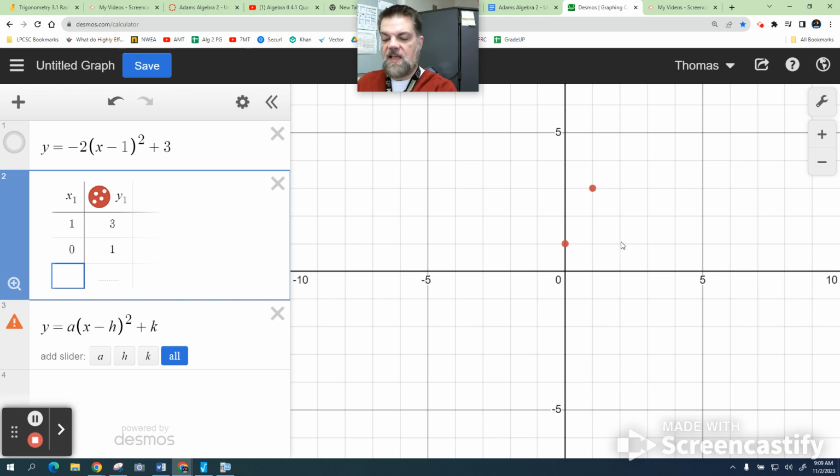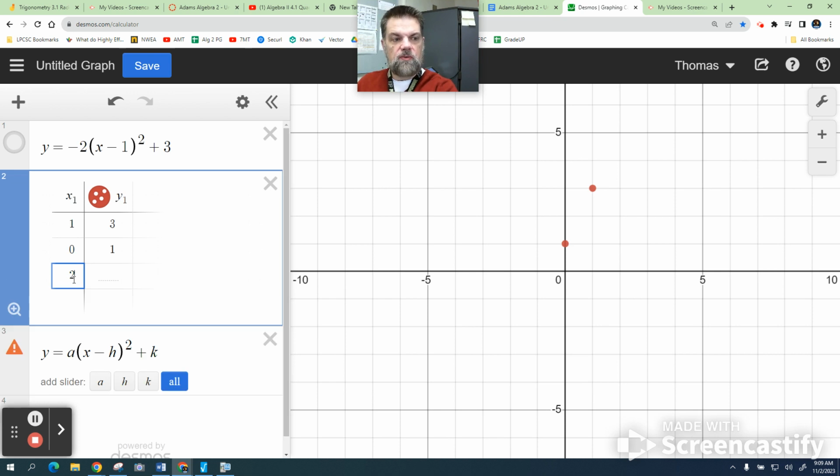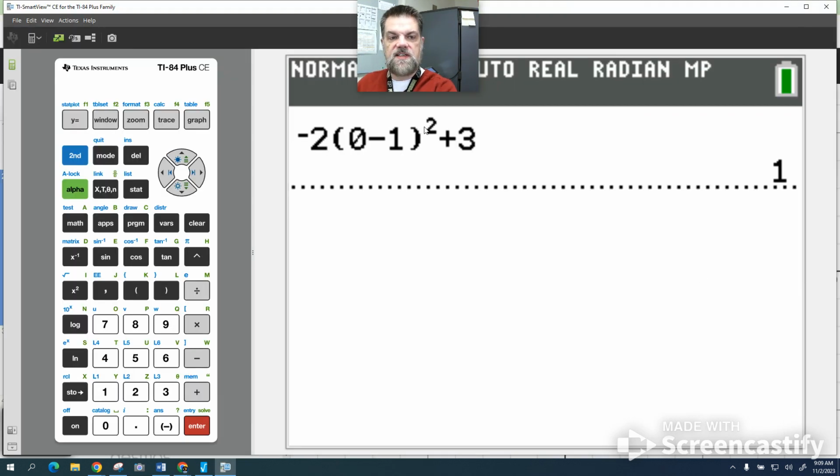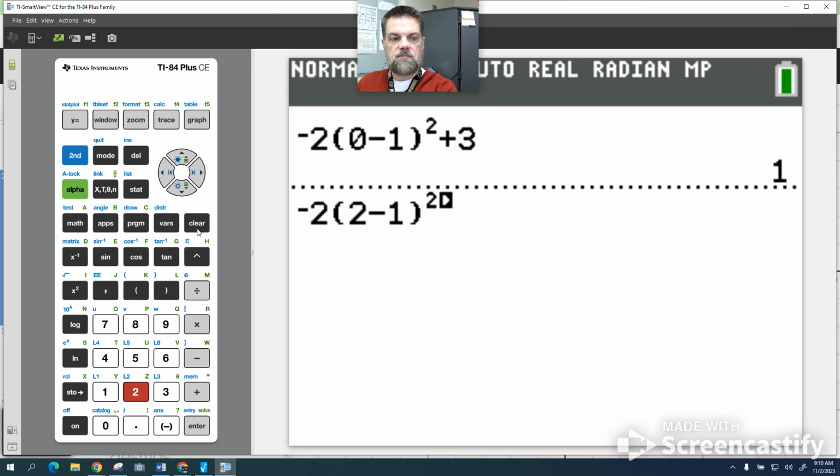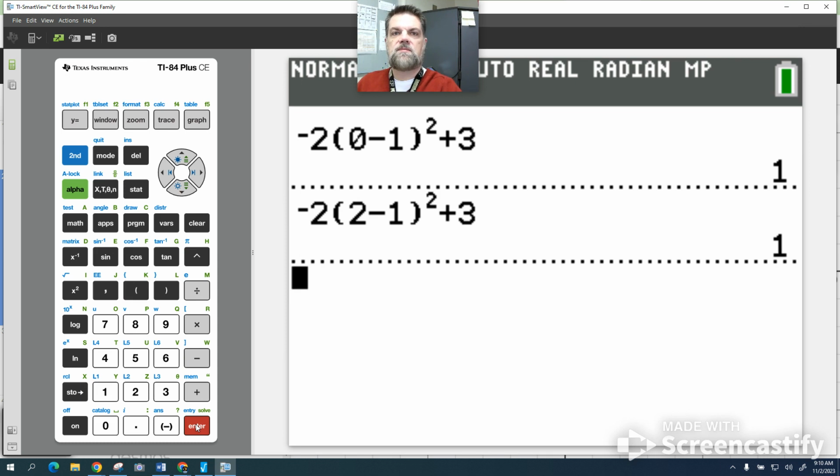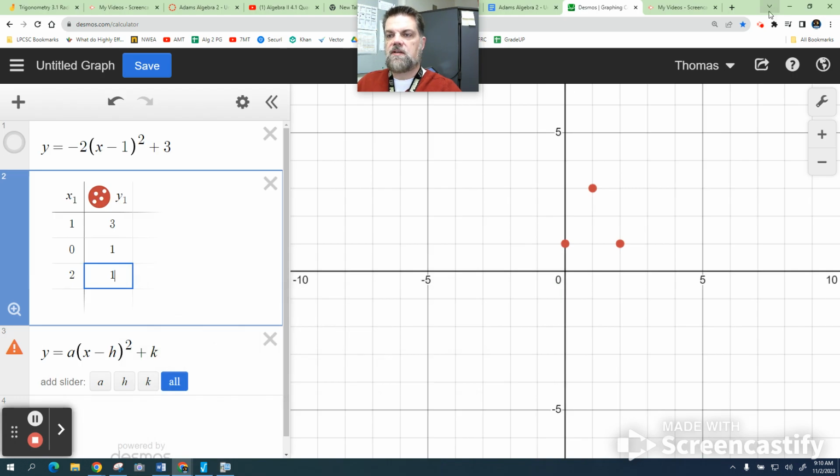So I'm thinking that if I plug in 2 for x, I should get 1, right? Let's plug it into the formula and see. So if I say -2 parentheses 2 minus 1 squared plus 3, hey, I get 1. Does that make sense?